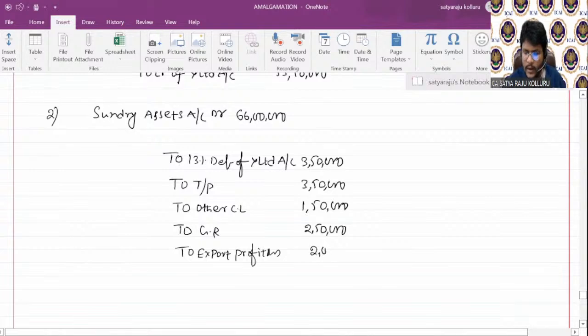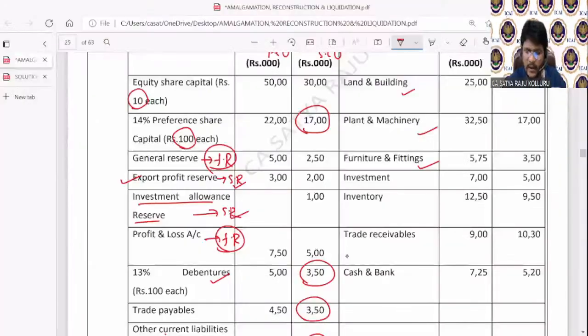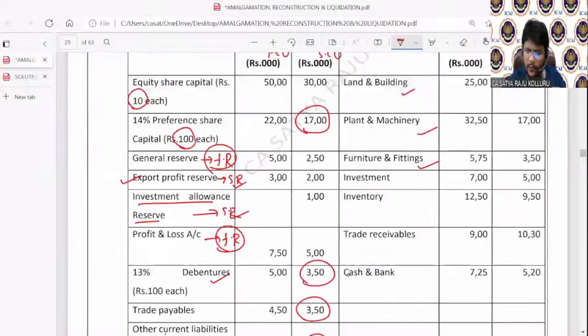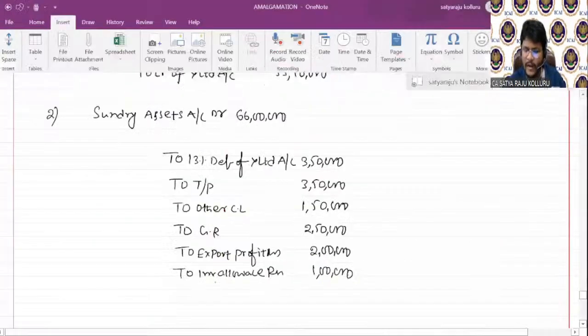Investment allowance reserve is there for 1 lakh. Profit and loss account exists for 5 lakhs.